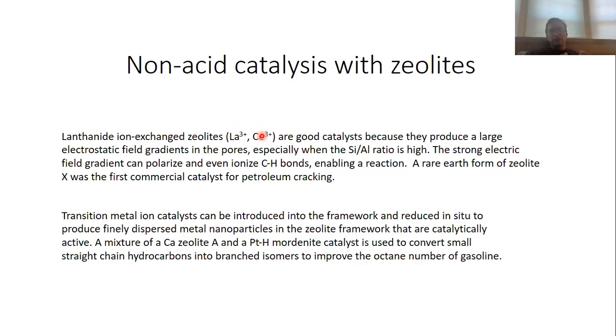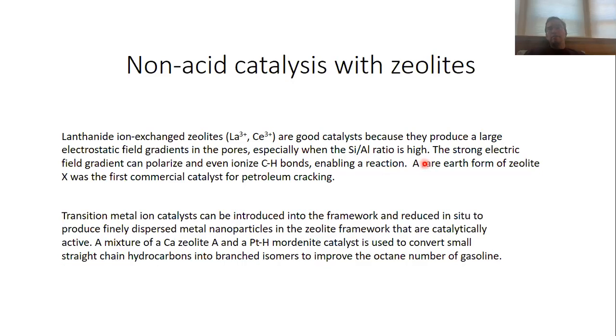That's a very large electric field gradient between the positions in this zeolite where the trivalent cations are located in the zeolite pore walls. Because of that, hydrocarbon molecules that can enter the pores can be polarized, and it can polarize and even ionize very strong bonds such as CH bonds. That enables the cleavage of these CH bonds and the conversion of the hydrocarbon into another one.